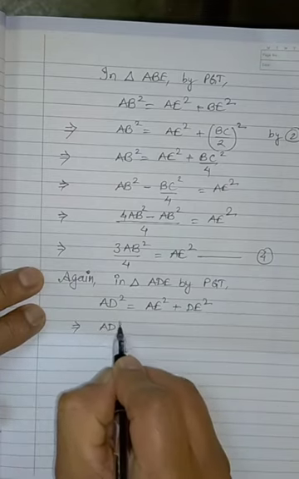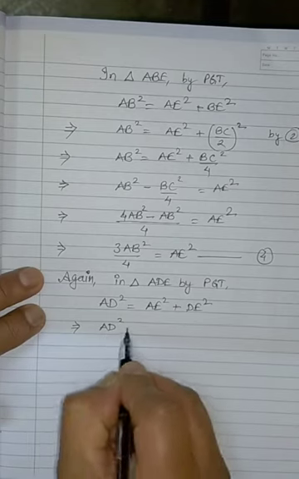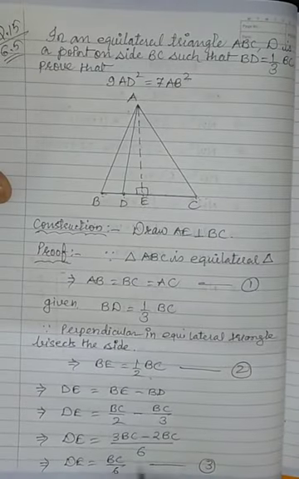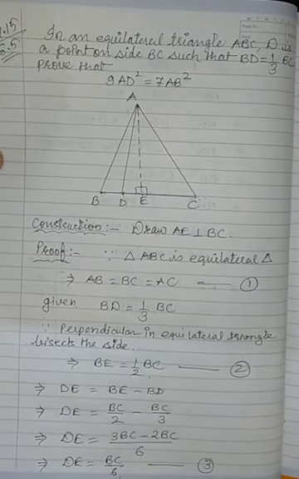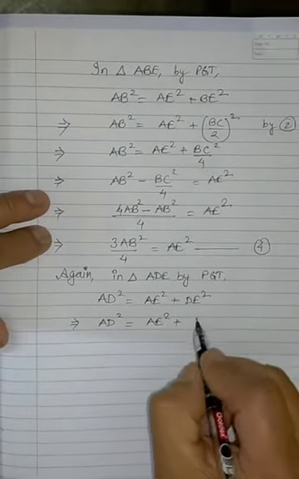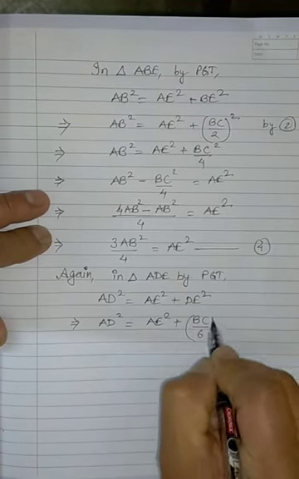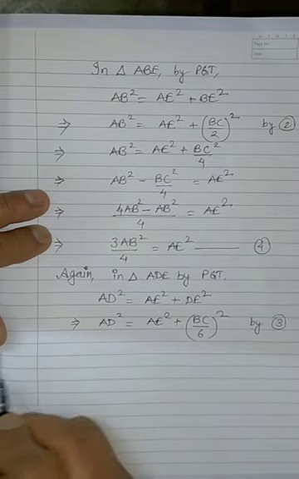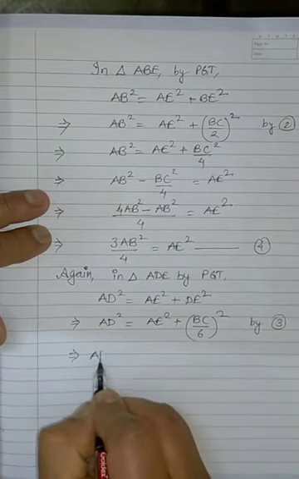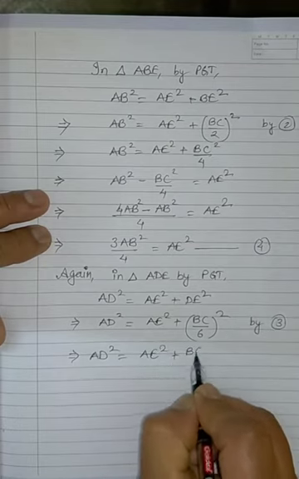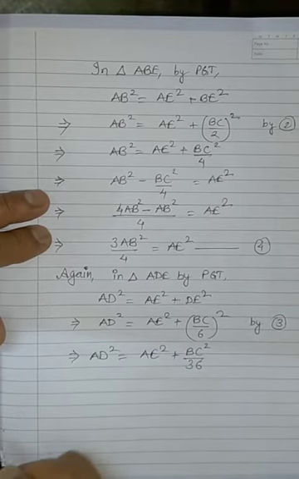That implies AD square is equal to AE square plus, now DE, which is BC by 6 by equation number 3. Let us put the value here: BC by 6 whole square. That implies AD square is equal to AE square plus BC square upon 36.